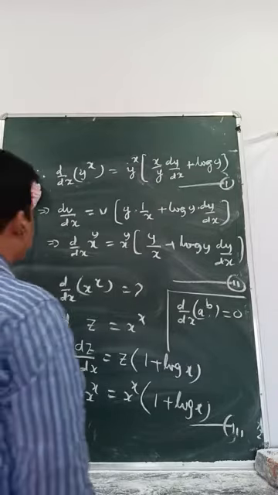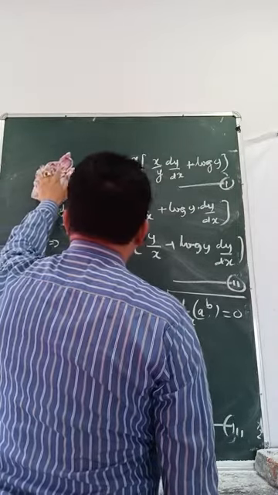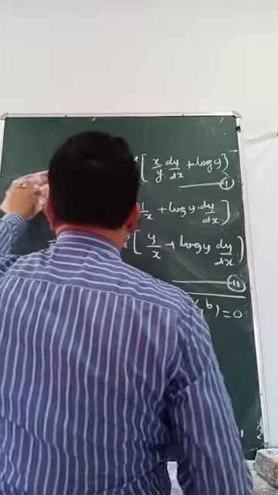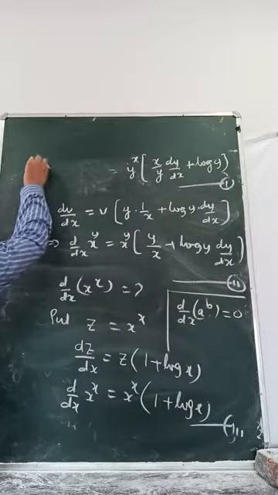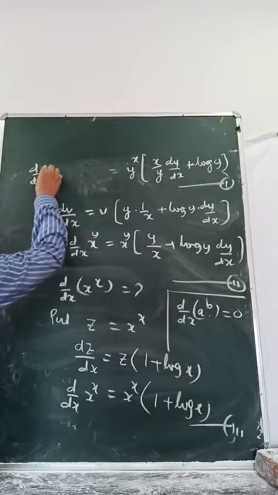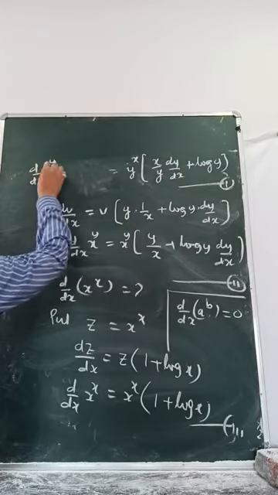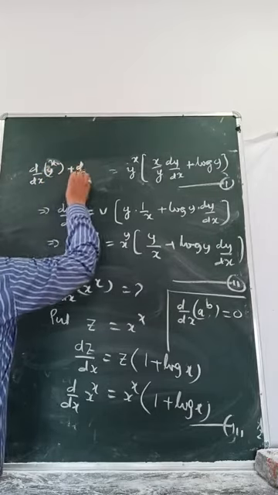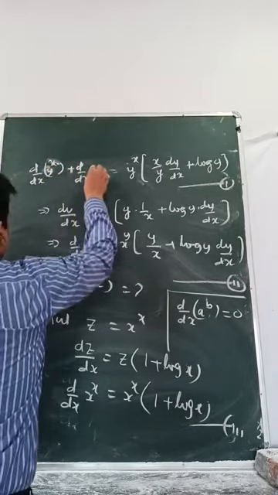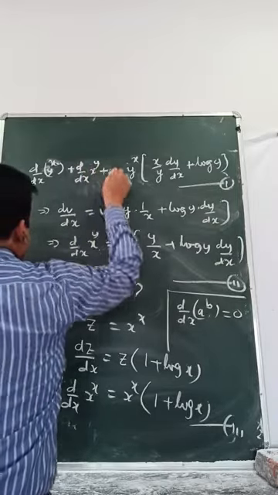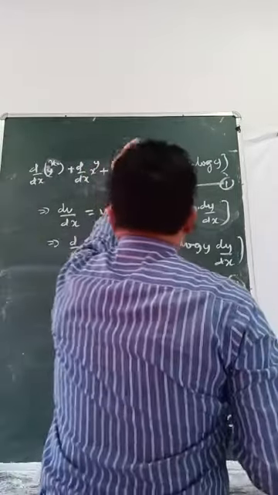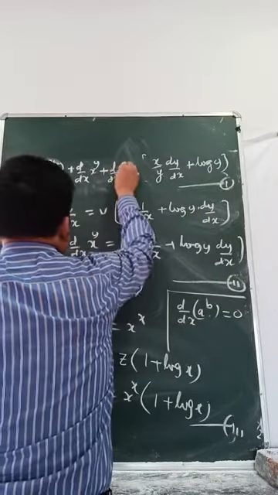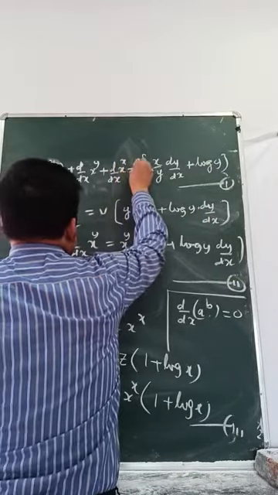So we are getting d/dx of x to the power y to the power x plus d/dx of x to the power y plus d/dx of x to the power x became 0.